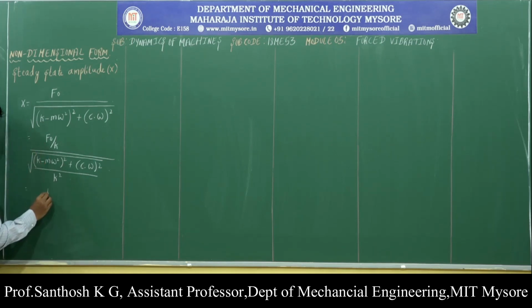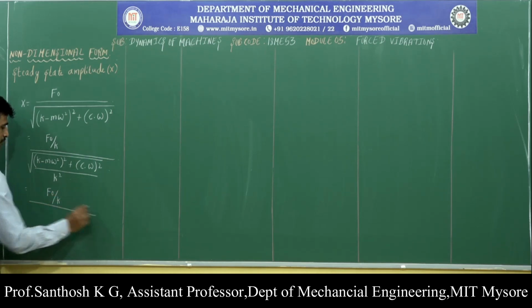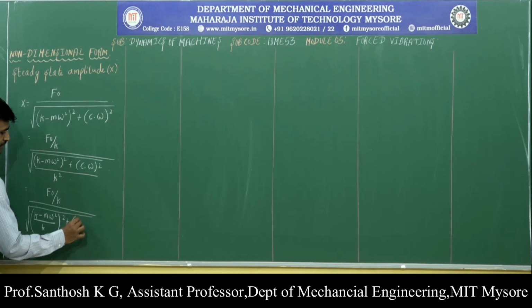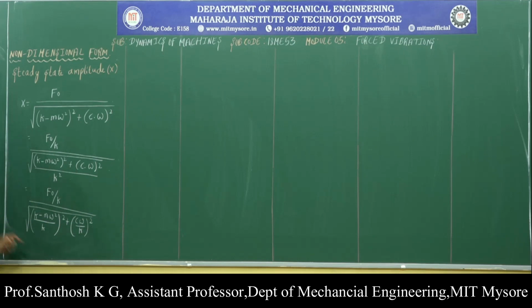By simplifying this, F naught divided by k divided by square root of, I will take this k inside the bracket of these two terms. So when I take it inside, I will get an equation like this: (k minus m omega square) divided by k, whole square, plus (c omega divided by k) whole square.